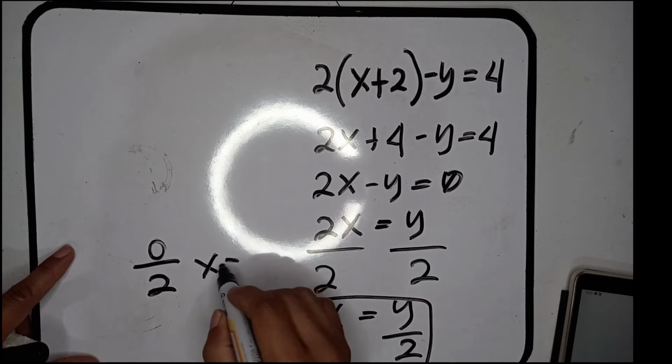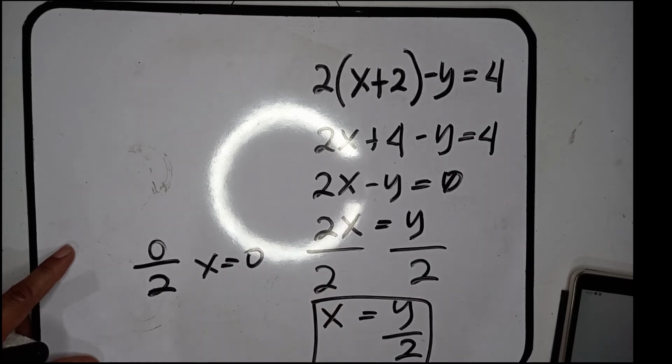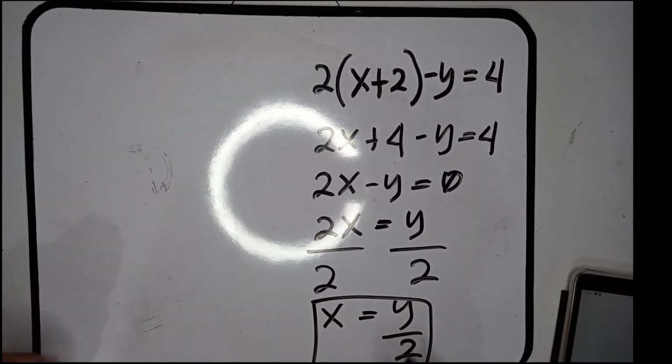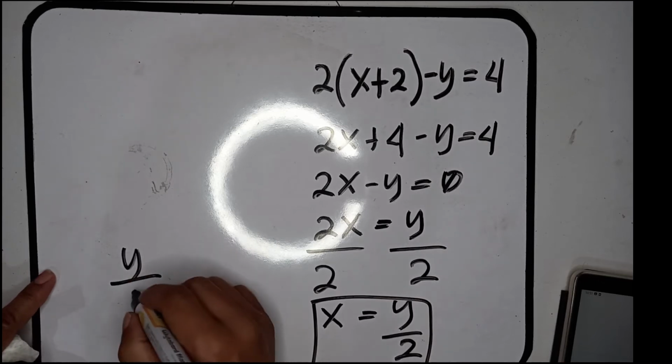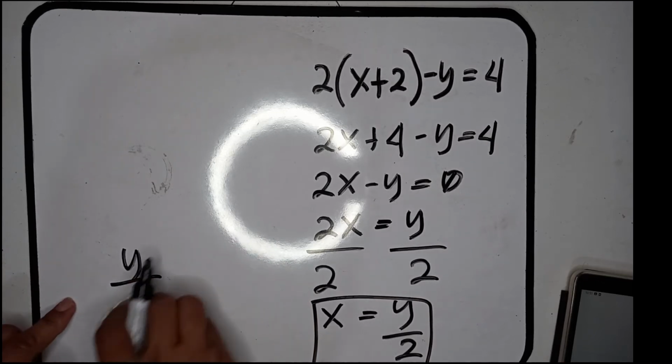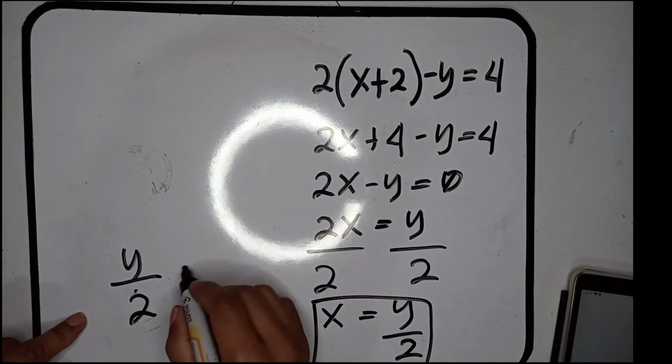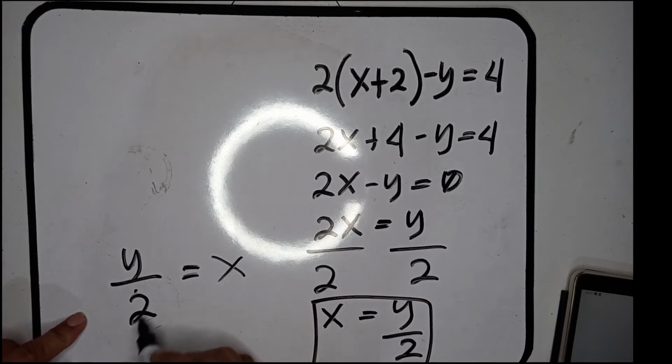Okay, now let's try placing 0 for x. Let's assume that y is 0. y over 2 is equal to x. So let's turn this to 0 over 2. Then this is 0 equals x.